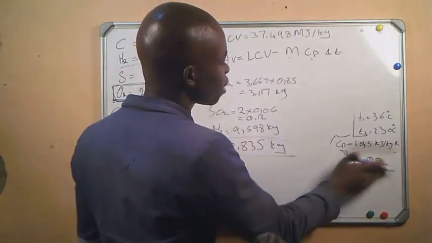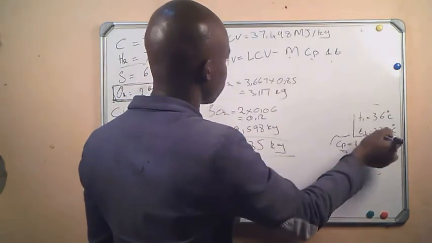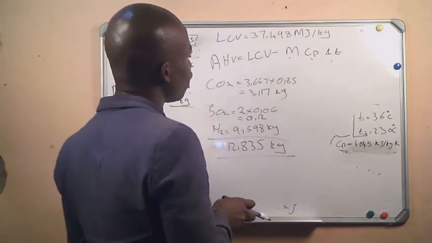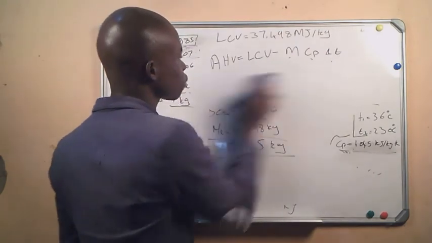This is the specific heat capacity. We also have the temperature difference, and then from there we can get the value of the available heat value.